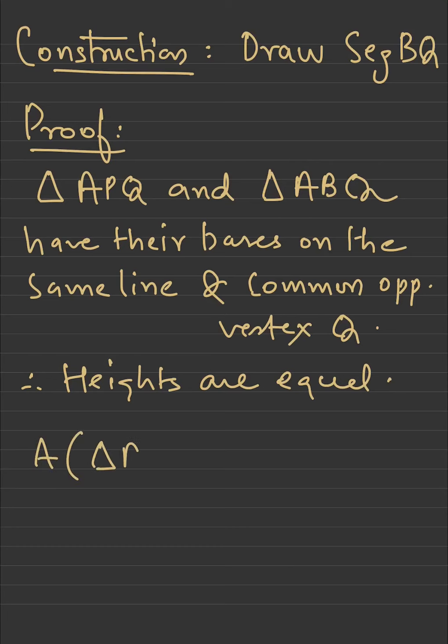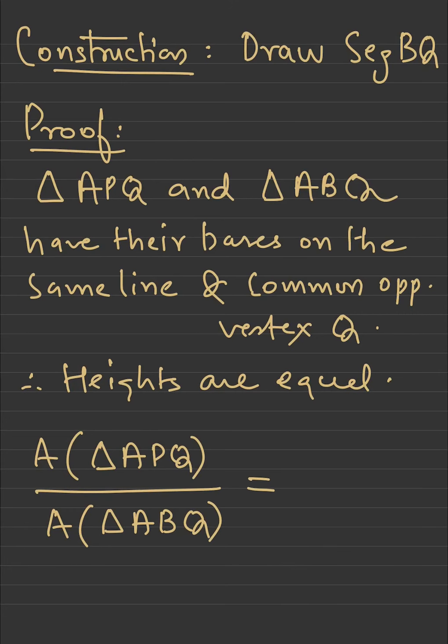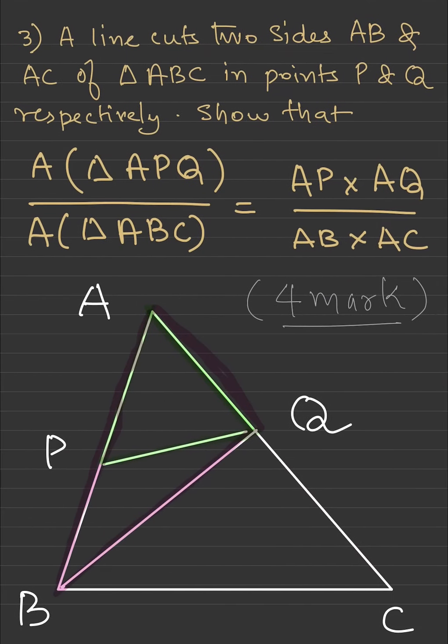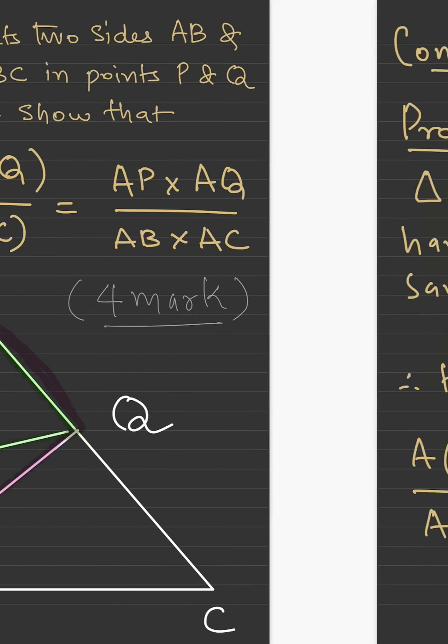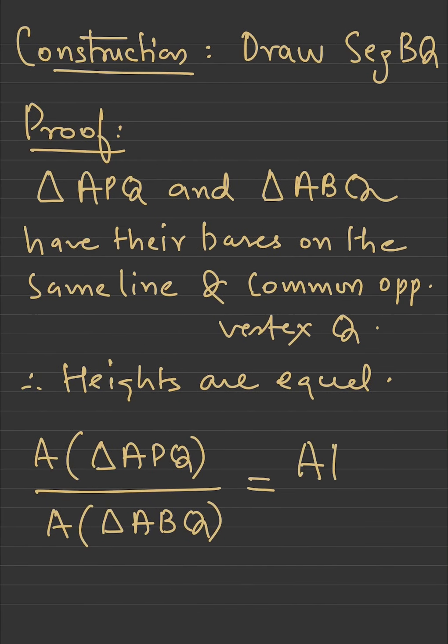of triangle APQ upon area of triangle ABQ. It's P and B, be careful. Area of triangle APQ upon area of triangle ABQ will be equal to the ratio of the corresponding bases. So the bases are AP upon AB. You can mark this as equation 1 and write the reason.